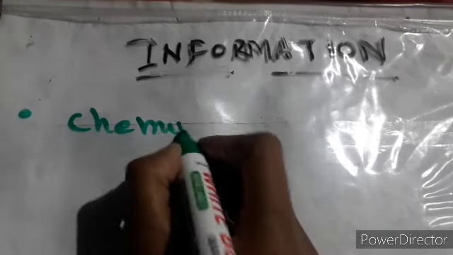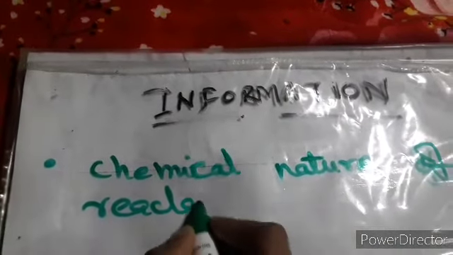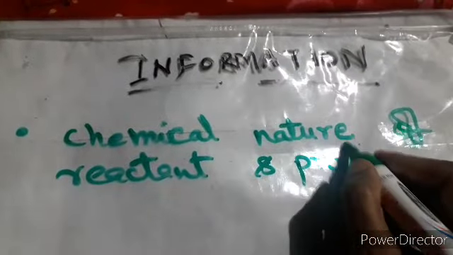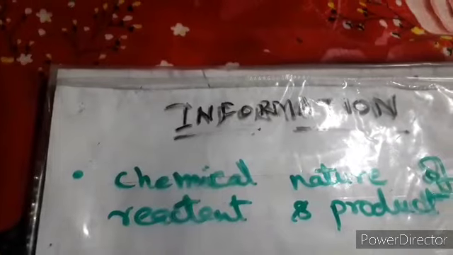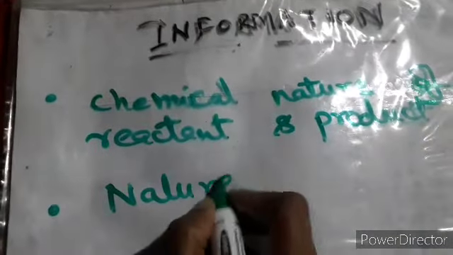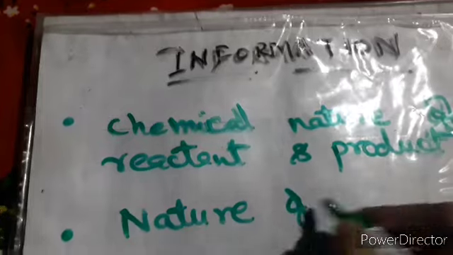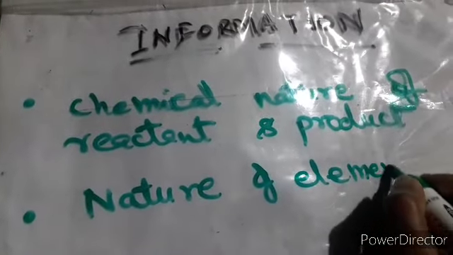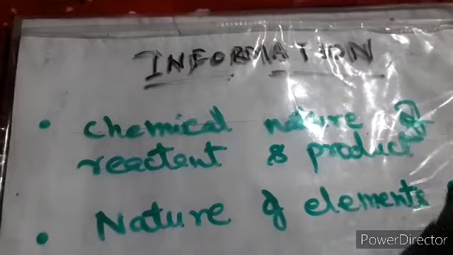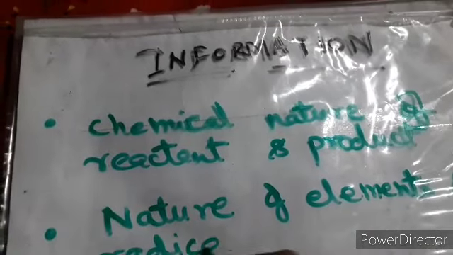The first point is chemical nature of reactant and product. The next is nature of elements and radicals involved.